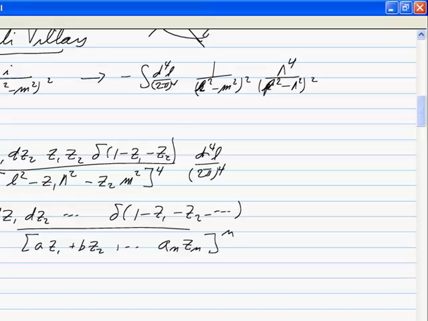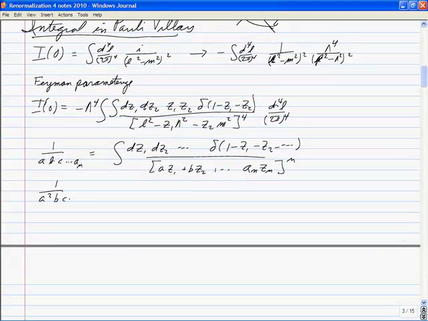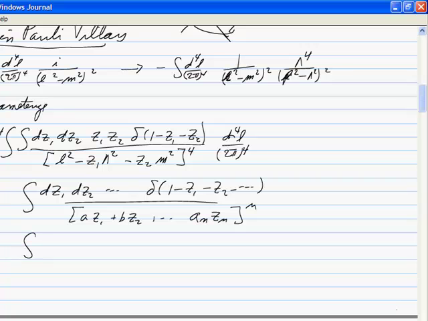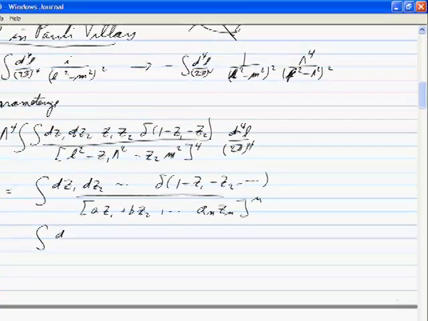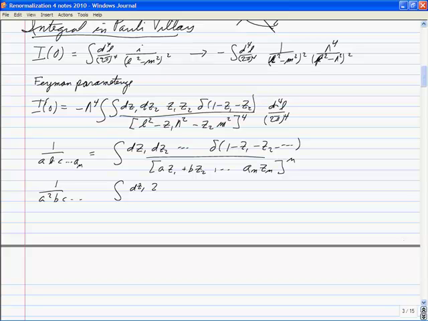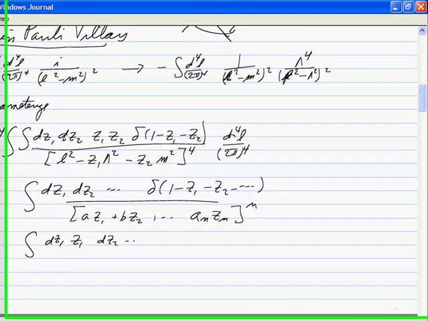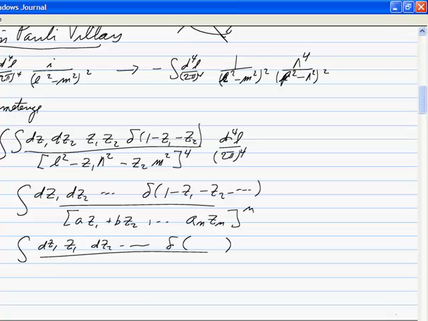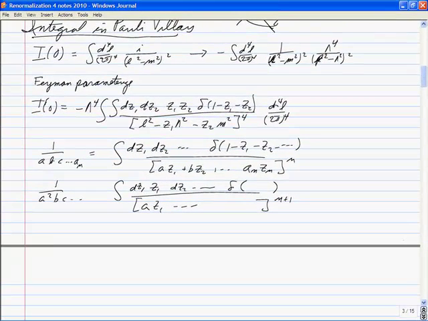And then if you have 1 over a squared b c dot dot dot, you differentiate this with respect to a, and it turns into dz1 z1, then dz2, etc. delta, a z1 plus the same old stuff to the n plus 1. And there must be an n there.